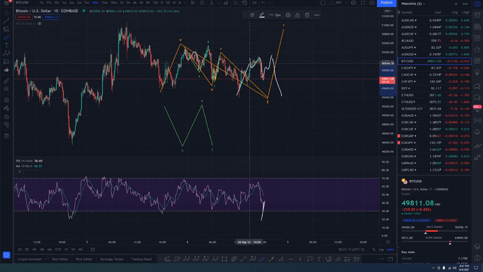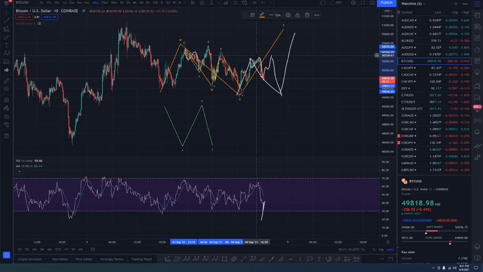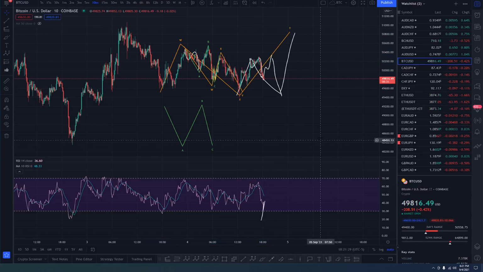And that would be a 3, 3, and then we get a 5 up. And so the X wave comes back here, that wave comes there, and this becomes a flat to the upside for our Y wave. Those are my favorite two ideas that I presented.